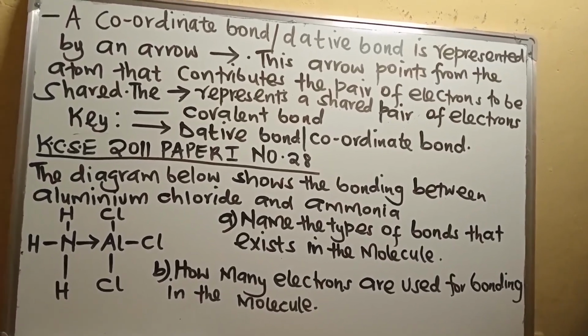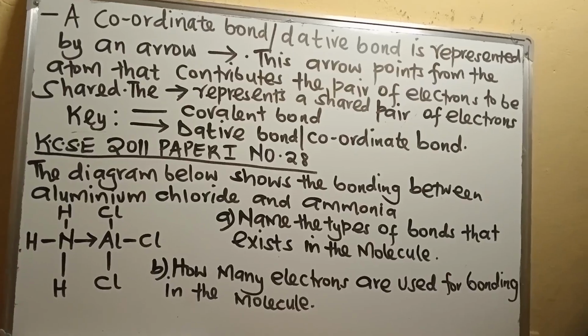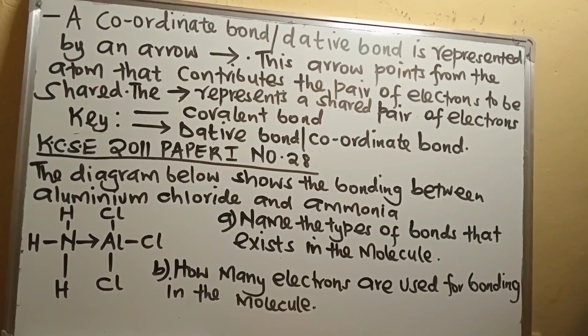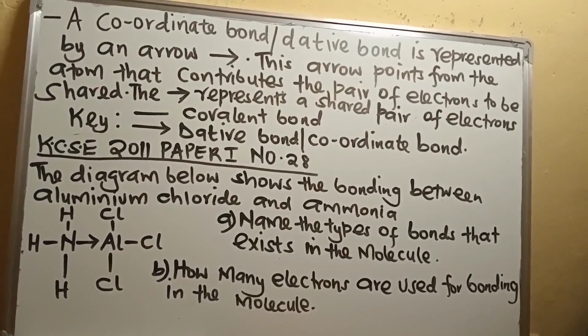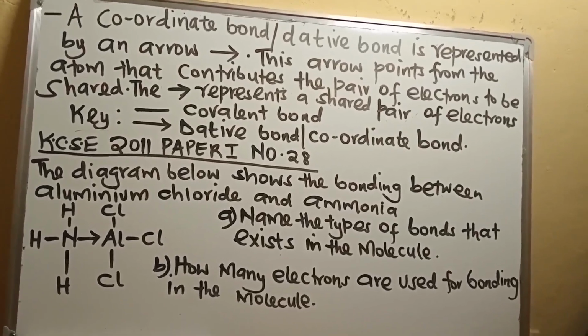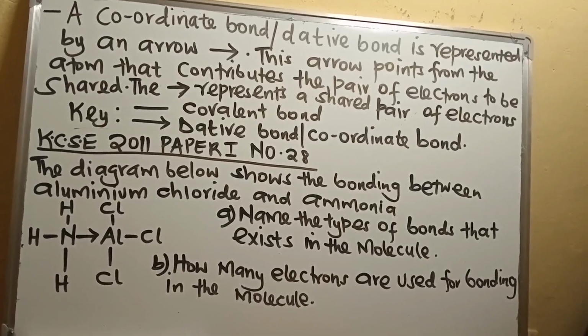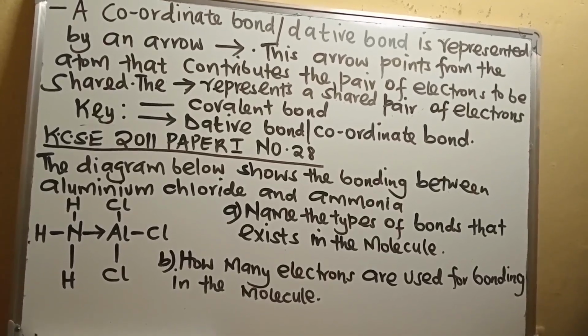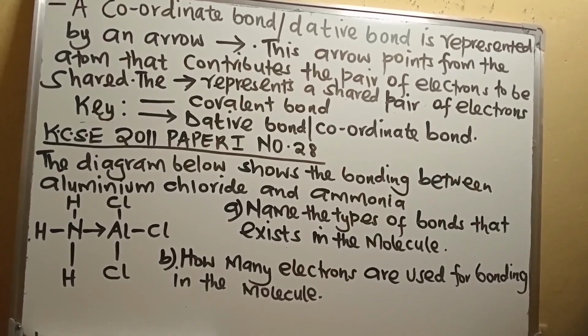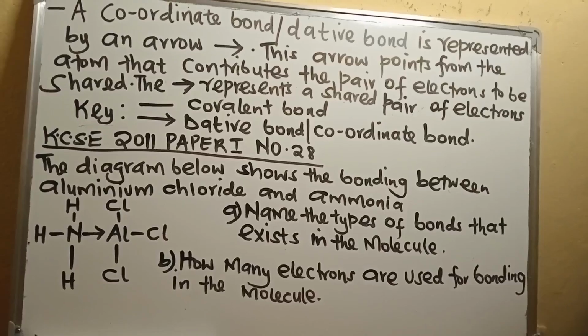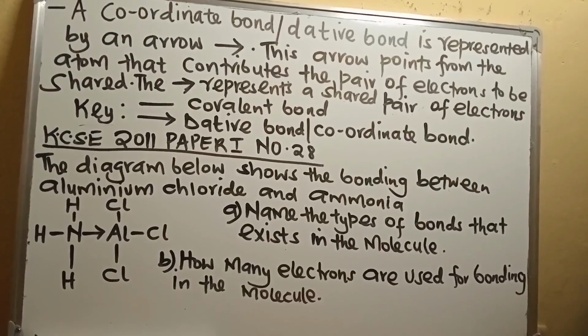Then we have this question that was in the KCSE of 2011, paper 1, question number 28, where we have a diagram showing the bonding between aluminum chloride and ammonia. There is the diagram. Then you are told to name the type of bonds that exist in the molecule.